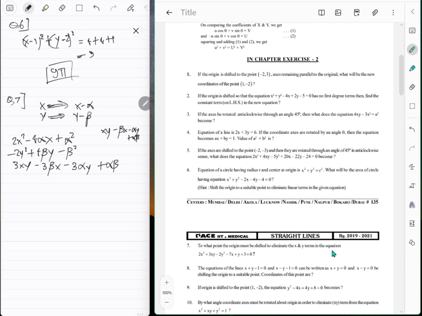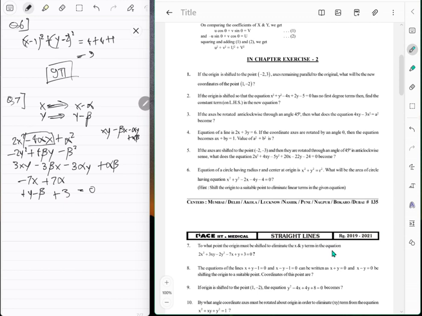Okay, and then minus 7x plus 7 alpha, plus y minus beta, plus 3 equal to 0.